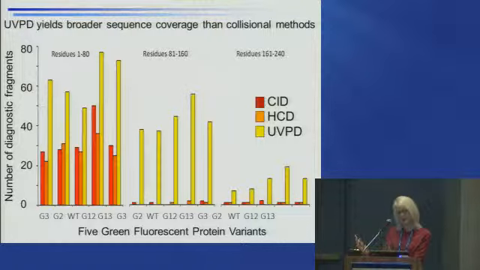As you go to the middle section of the protein, UVPD still performs quite well for creating quite large fragment ions that can be identified. The others have really dropped off in their ability to form those fragment ions. And then as you go out to the final portion of the protein, UVPD is still generating quite large fragment ions that aren't really observed to any great abundance for the other techniques.